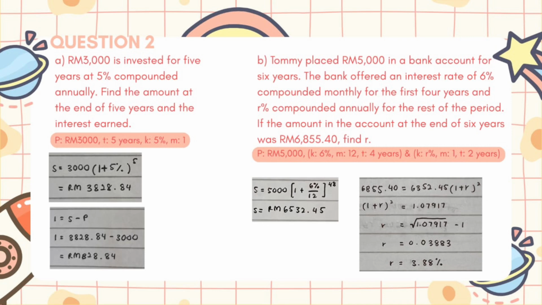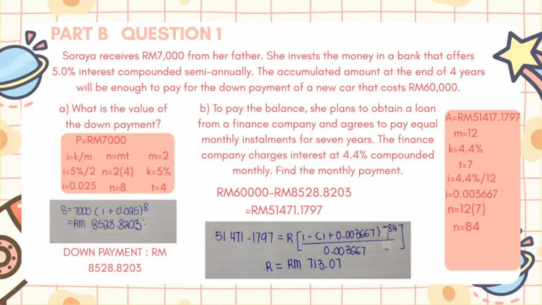So we take 6,855 ringgit 40 cents equals 6,532 ringgit 45 cents times open bracket 1 plus R close bracket squared. Then we solve for R. After working it out, R is approximately 0.0388, which means the annual interest rate of the last 2 years is 3.88%.